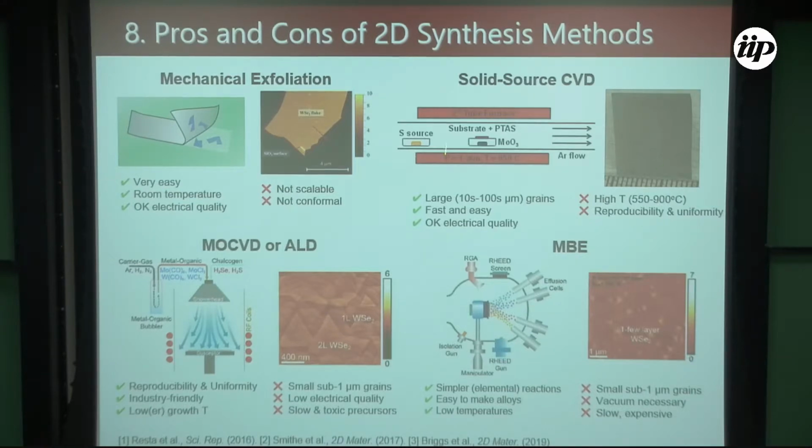But we do solid source CVD, which is great. We can make these Stanford logos on a centimeter, like a postage stamp thing. It's pretty cute. It's fast and easy, so even electrical engineers can do this. The electrical quality is pretty comparable for us, at least for MoS2. But here's the problem: the temperature is high, and the quality varies from week to week.